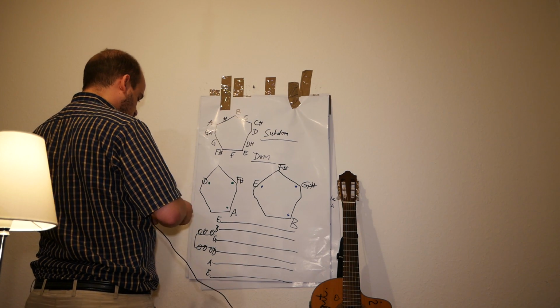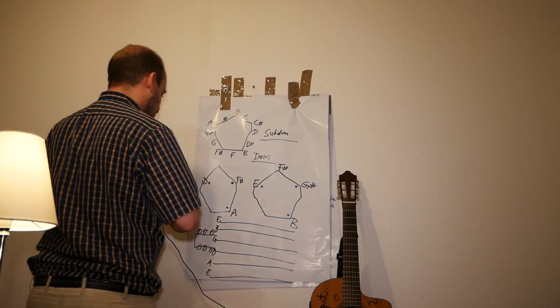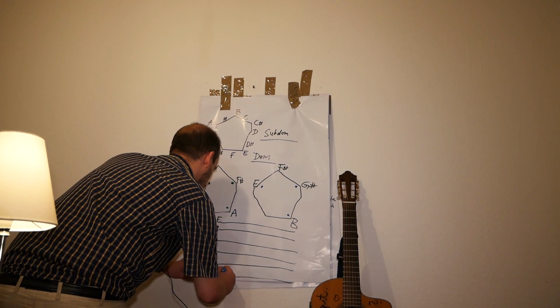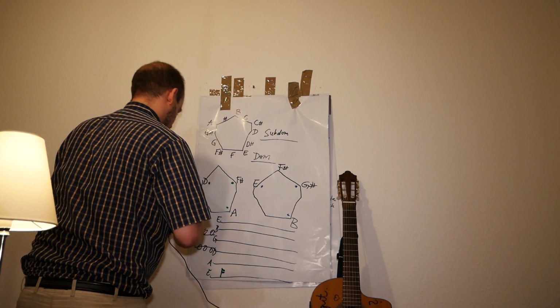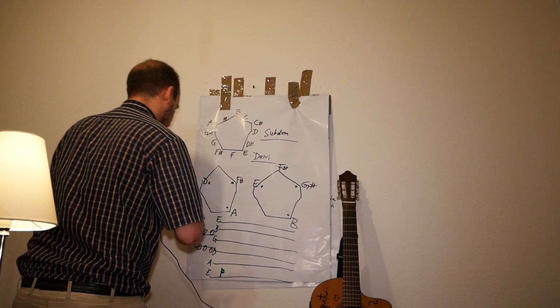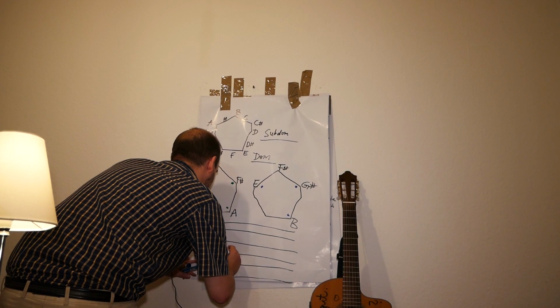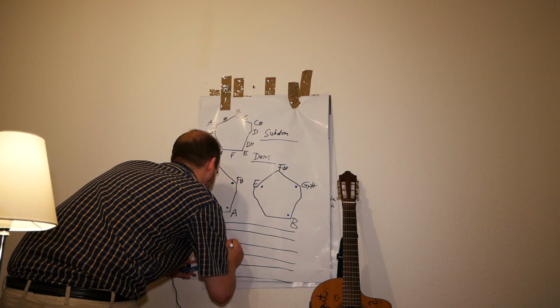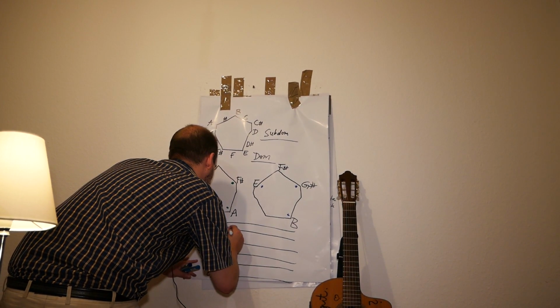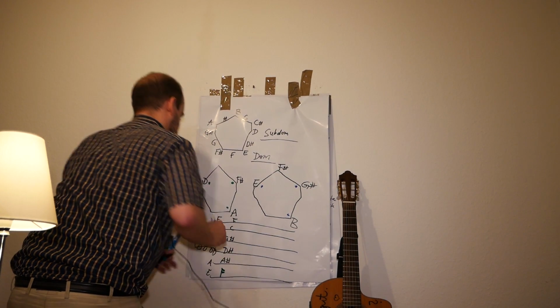And on the first fret, logically, we have an F. Sorry, I colored this green. We have an F. Here we have an A sharp. Here we have a D sharp. We have a G sharp, we have a C, and we have an F, right?